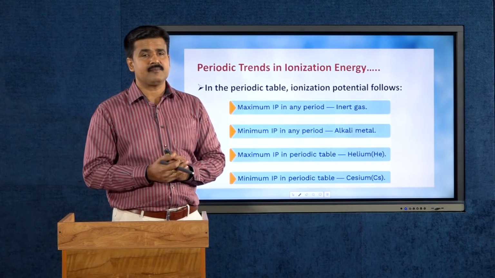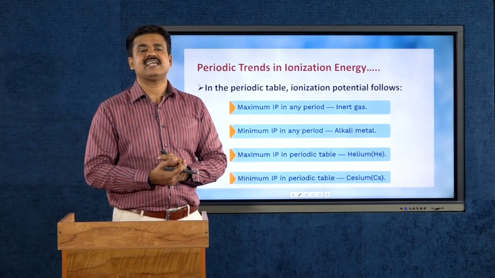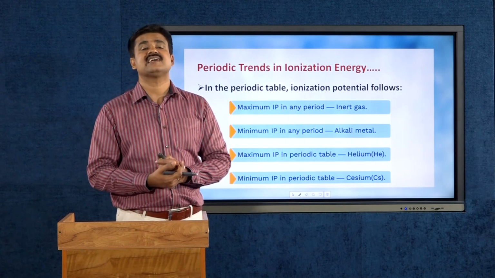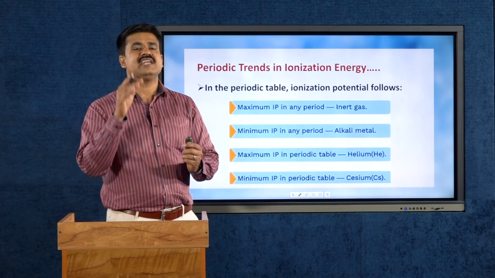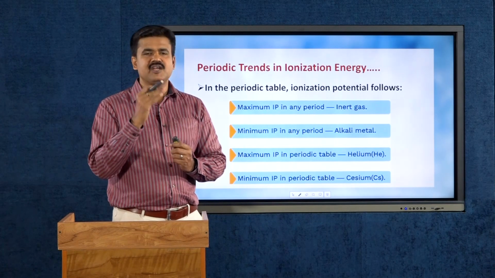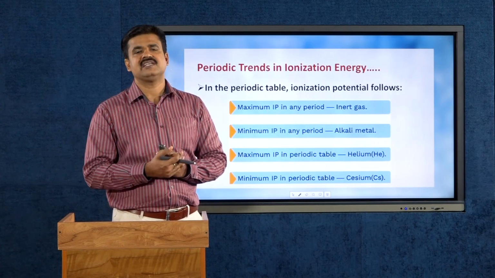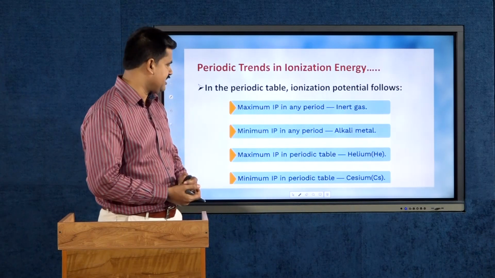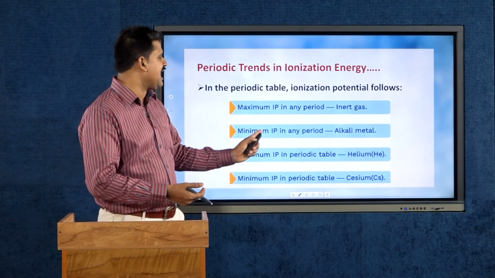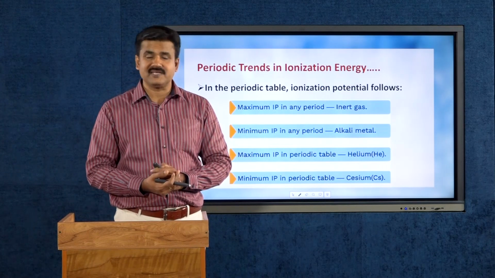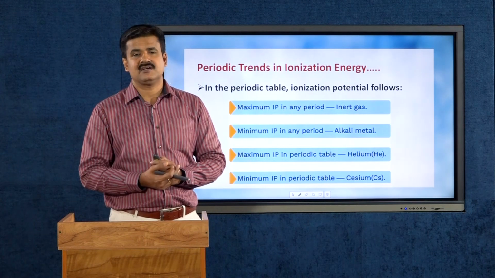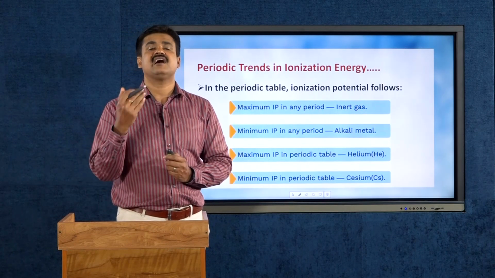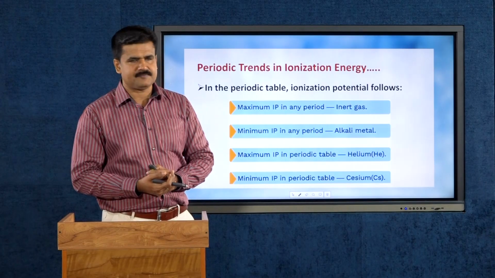At the same time, lowest ionization energy is given by lithium, since lithium is an alkali metal. So, in a particular period, least value of ionization energy or minimum value is shown by alkali metals and maximum value is shown by inert gas. Maximum ionization energy in the periodic table is reported in the case of helium. Helium is the element with the highest ionization energy.